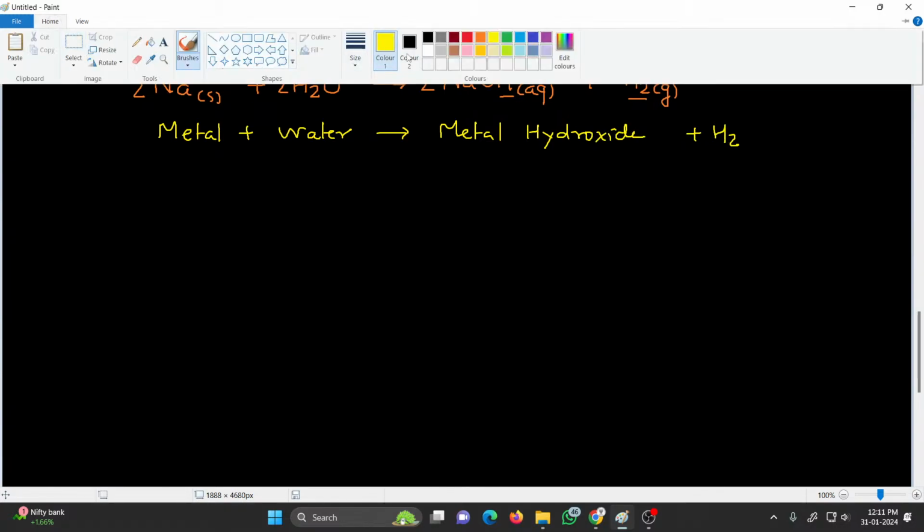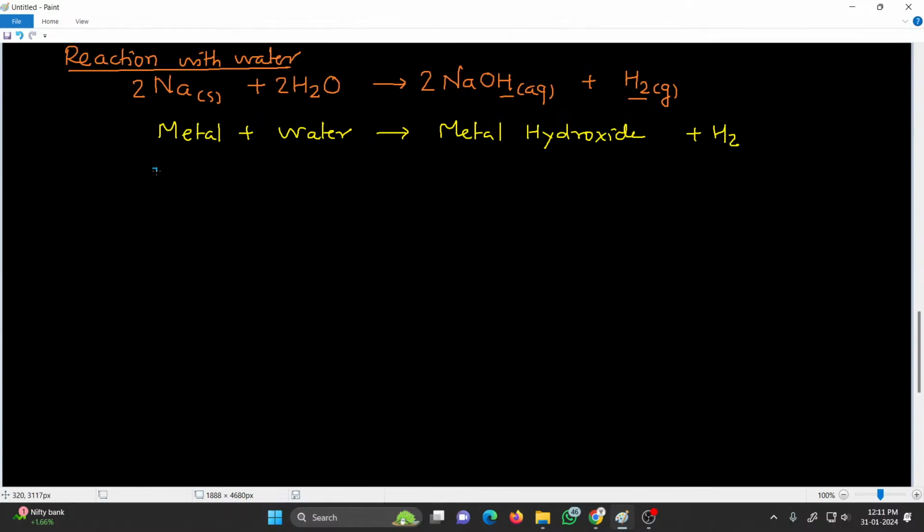Other examples of such type of reaction: calcium solid, when reacted with water liquid, forms calcium hydroxide, Ca(OH)2, aqueous, along with the evolution of hydrogen gas. So there are 4 hydrogens here, 2 oxygens, so 2H2O will balance this reaction.